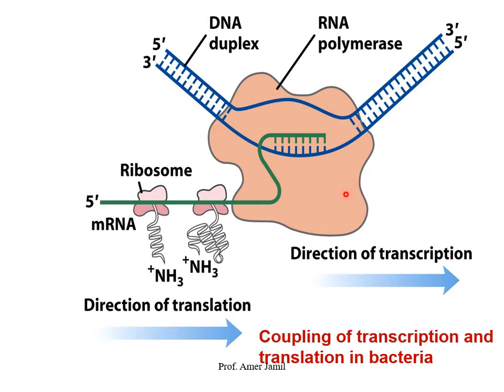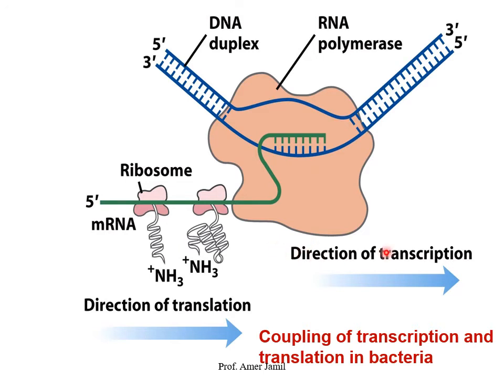But in case of prokaryotes, since there is no nucleus, both of these processes are coupled with each other. Meaning, this is the DNA, this is RNA polymerase, this is messenger RNA being synthesized. Before this transcription is over, ribosomes are attached to the messenger RNA and start translation.